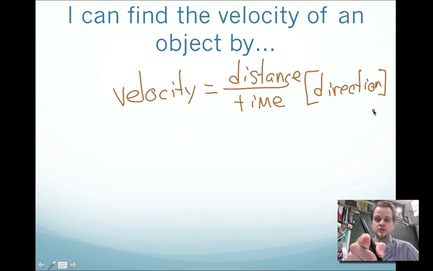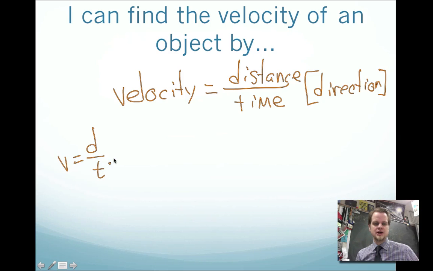So take out your essential equation sheet. Now, this is what you want to write down. Okay? You want to write down that velocity is distance divided by time, but then add a little dir to remind yourself to add the direction in there.